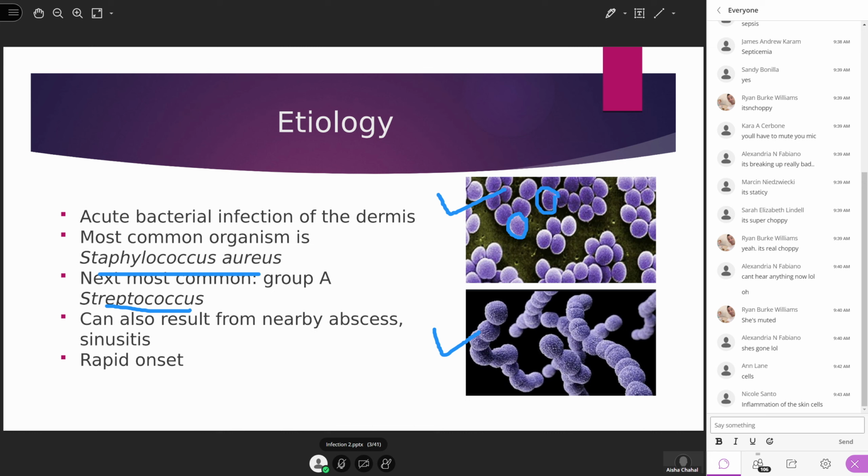This is erysipelas. This is one term that we use for the redness that we see on our patients. This redness, or erysipelas, is caused by streptococcus, specifically group A streptococcus, and it affects mostly the lower extremities and the face.